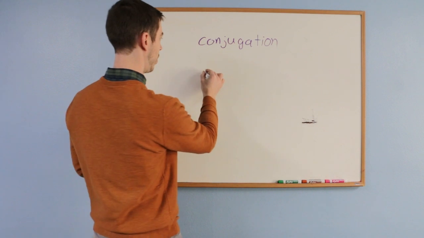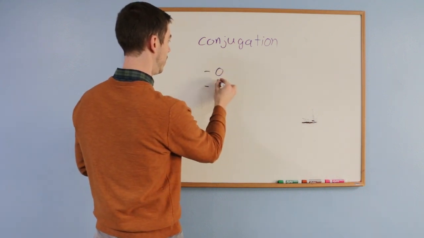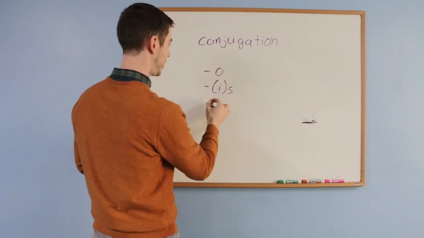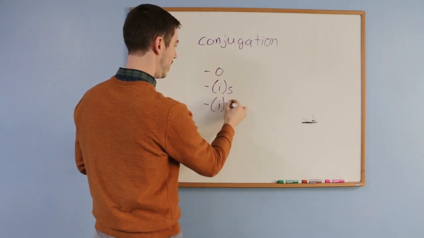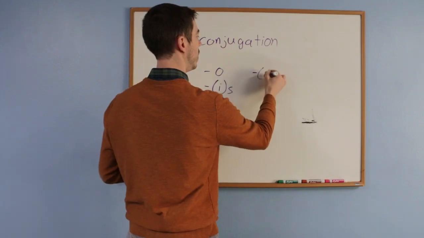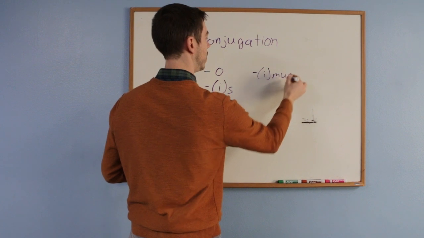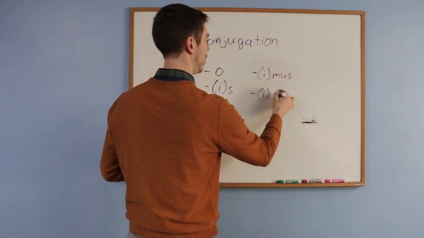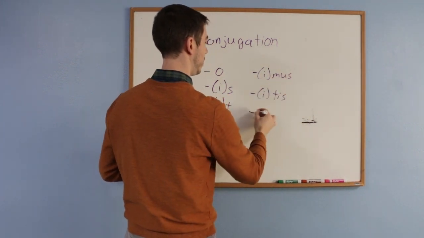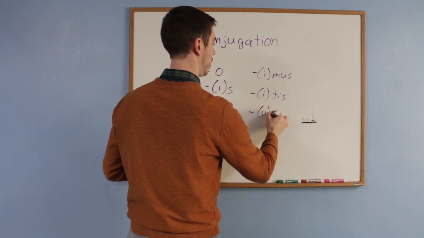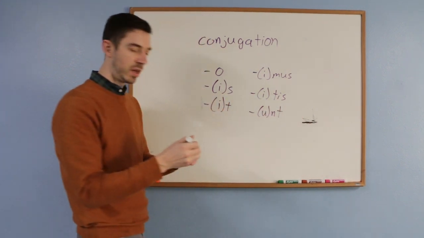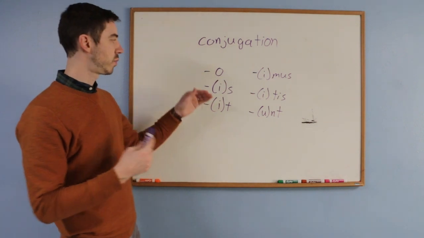So the endings are, again, o, is, it, imus, itis, unt.